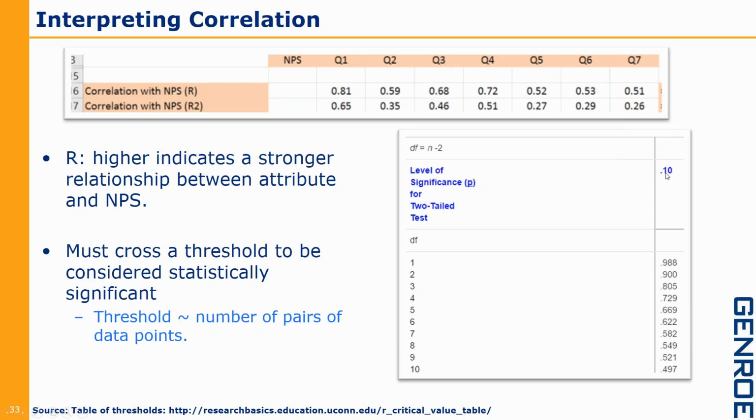So for 90% confidence, which is the 0.1 at the top, with 10 pairs of responses, it's got to be greater than 0.497. We've got 150 responses, so pretty much all of these are significant. We need to be aware of all these different correlations because they're all significant in a statistical sense. Okay.